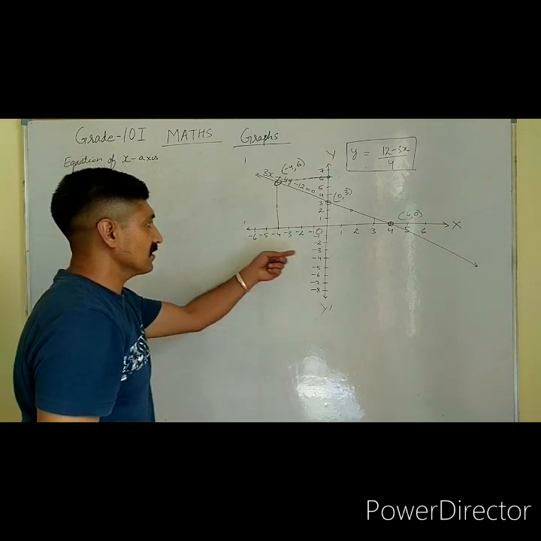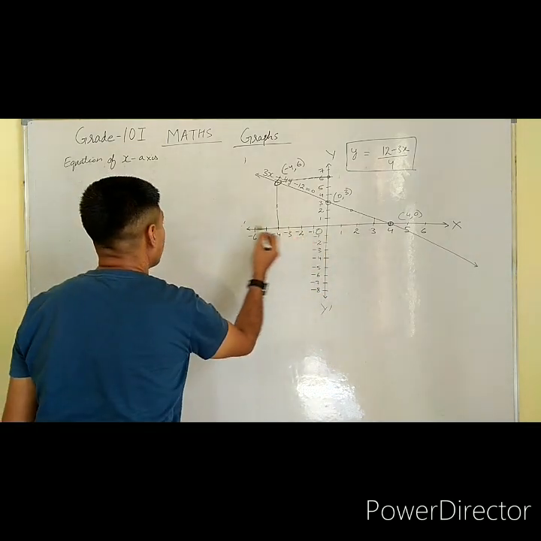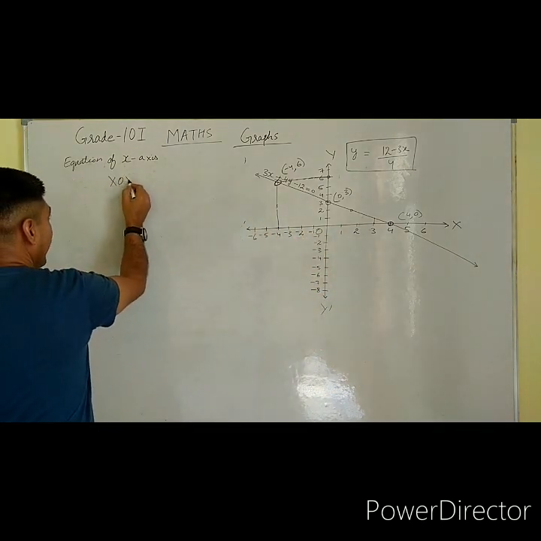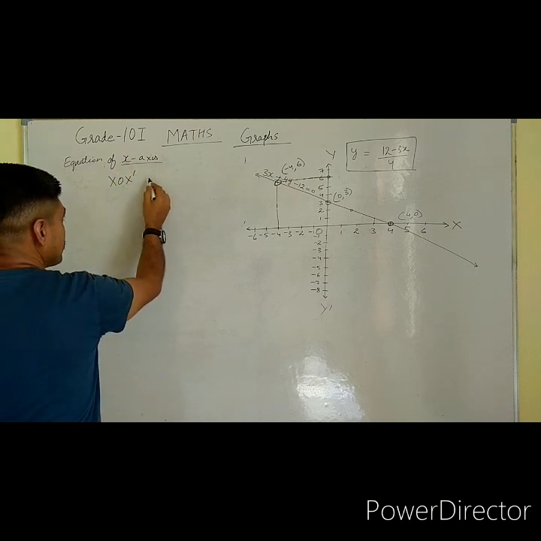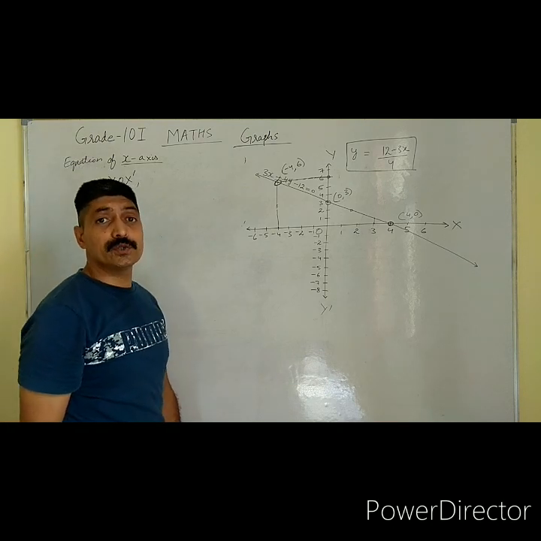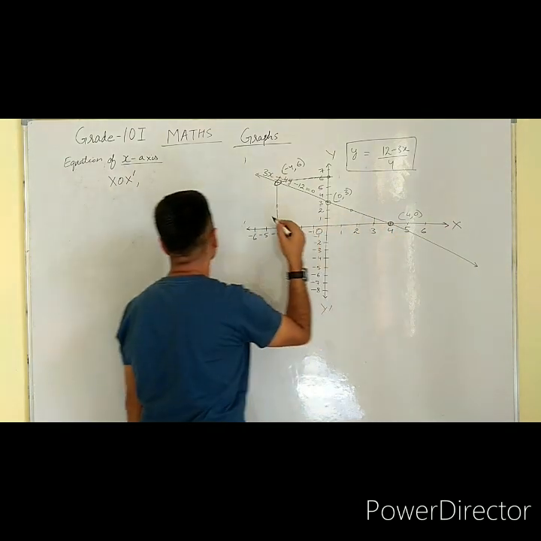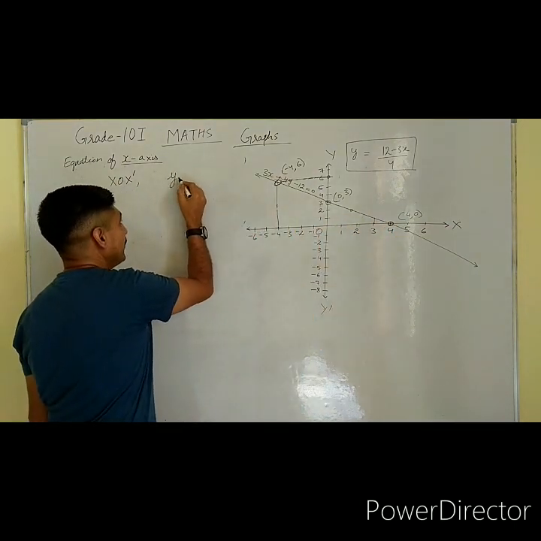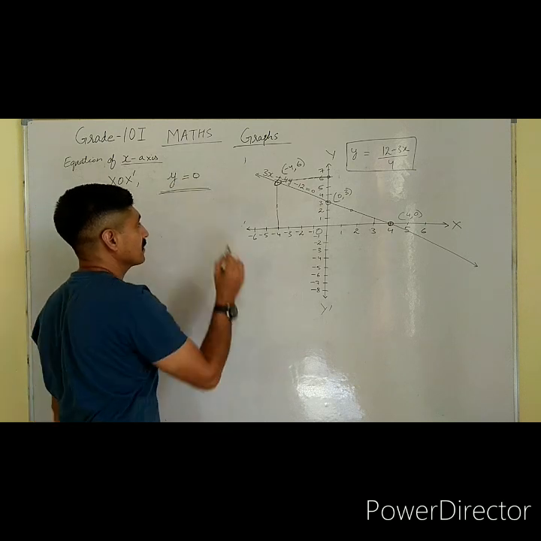First x axis, this horizontal line, x'Ox, or we can say x-axis, its equation is y is equal to 0. On this whole line, its equation is y is equal to 0. This is the equation of x-axis.